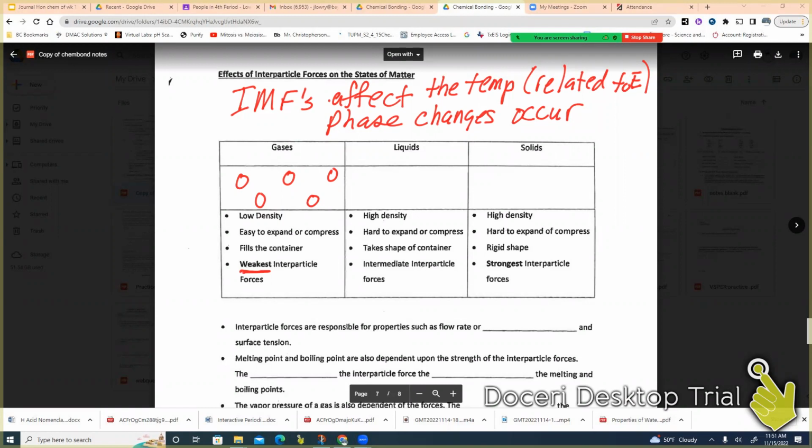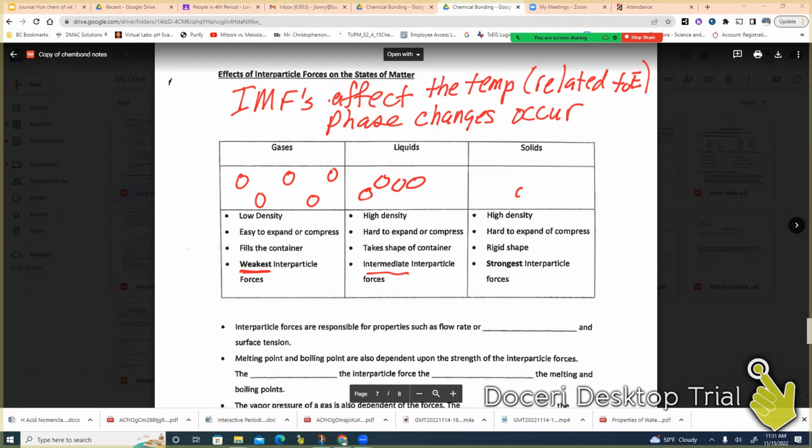Then our liquids, we'll put them a little bit closer together. That is going to be intermediate as far as our IMF. They're going to have a little bit higher density. It's really hard to compress them, and we know it takes the shape of the container.